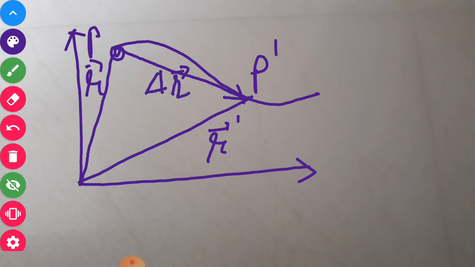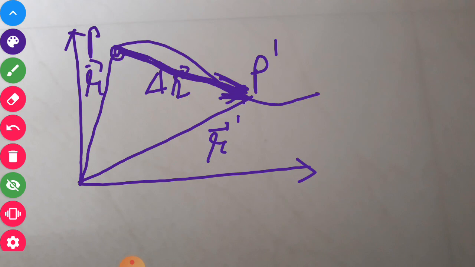Now the direction of velocity will always be in the direction of change in position, so the velocity will also have the same direction as that of the change in position.